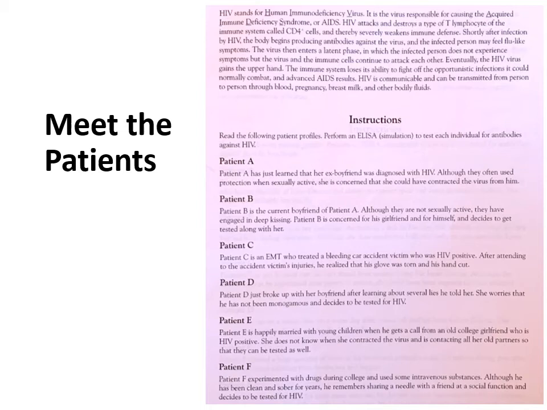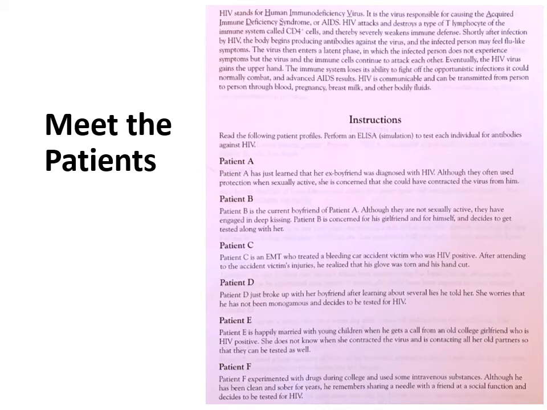The last one is a patient experimenting with drugs during college, and this one shows you, kind of like the EMT showed you, that viruses that are normally seen as STDs are not only transmitted through sexual activities. So in the case of patient F, he may possibly be HIV positive due to drug use, sharing intravenous needles, and now he's kind of got to worry about the past coming back to get him.